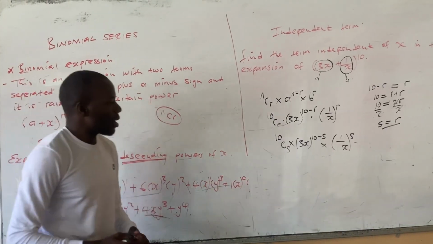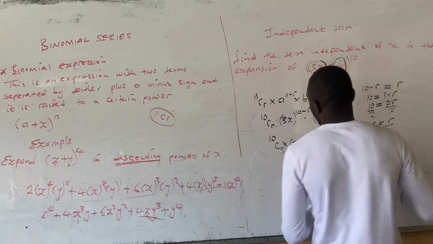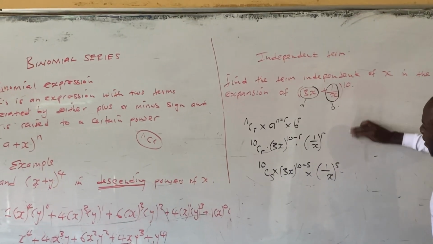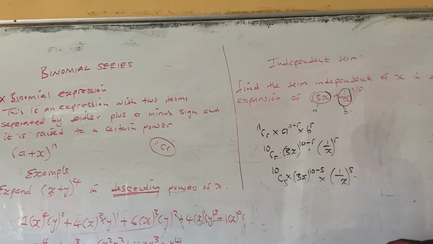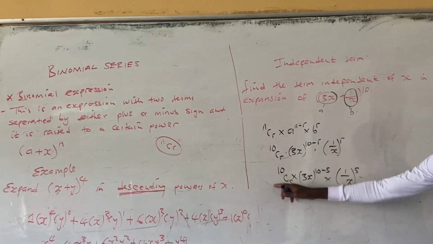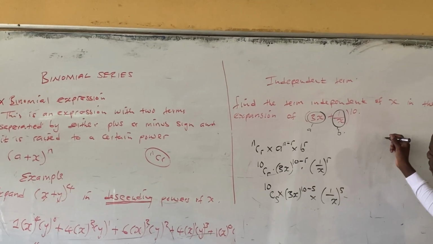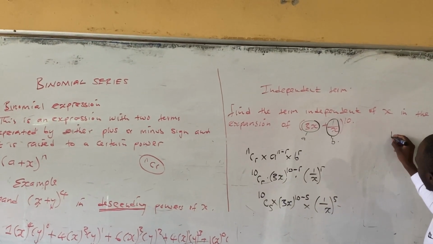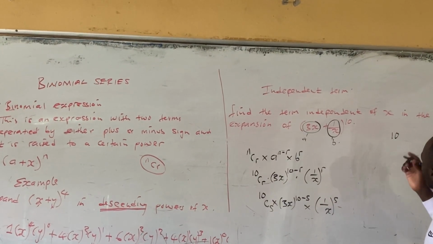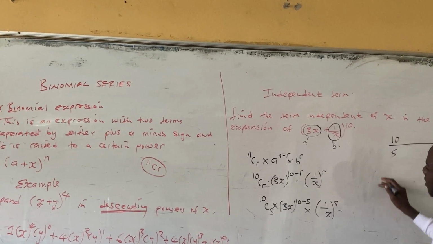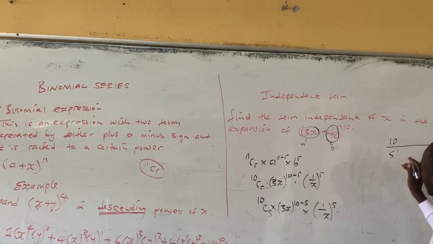So let me show you. You can even solve this one without using a calculator; I don't have a calculator with me. Since here we have 10 combined 5, let's say 5 factorial.